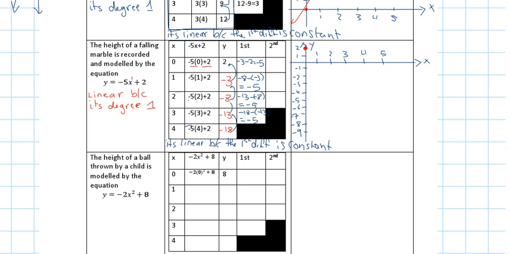My second point is 1, negative 3. So I go to the 1 on the x, then I go down to negative 3. Then I go to negative 8. Looks like I'm not going to be able to fit more than 3 points. 3 points is enough for me to know that it looks like a straight line.